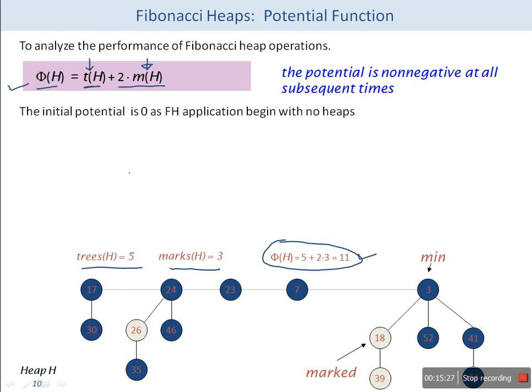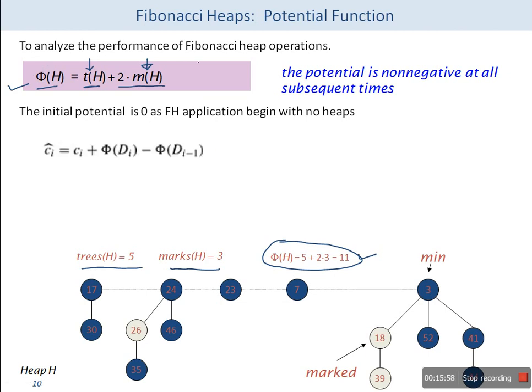For any data structure, initially the potential function is 0, and as the application begins and some node is added to the data structure, the potential function changes. So we have to measure the potential at each step in the application. So the idea is why we require the potential function to analyze the performance of a Fibonacci heap.